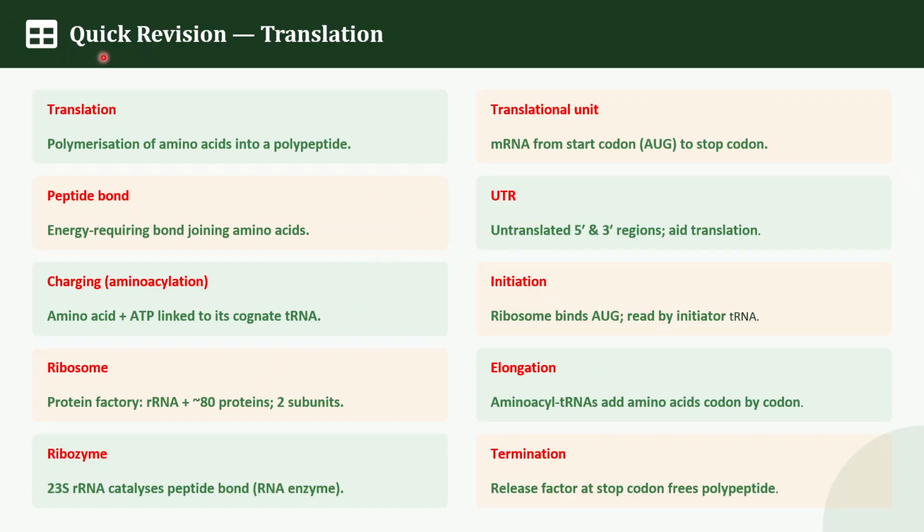Let's move on to the last part. Let's have a quick revision. Translation is the polymerization of amino acids to form a peptide. A peptide bond joins the adjacent amino acids. Before translation, amino acids are activated and attached to the specific tRNAs. This we call the charging or aminoacylation of tRNA.